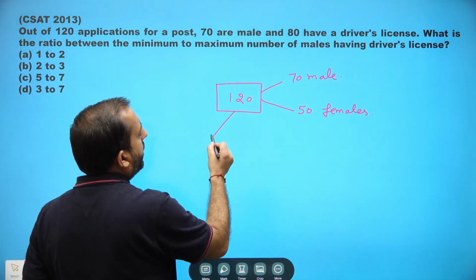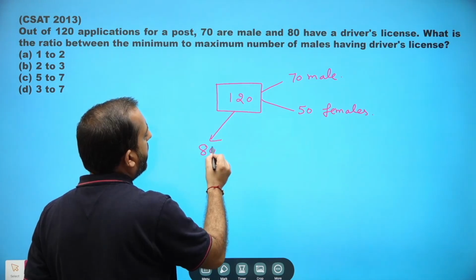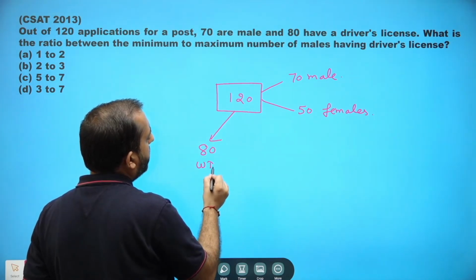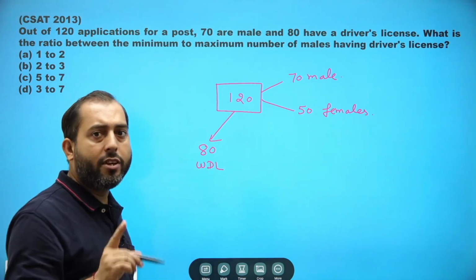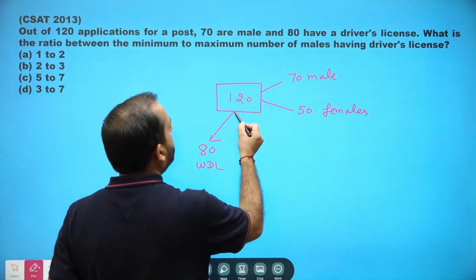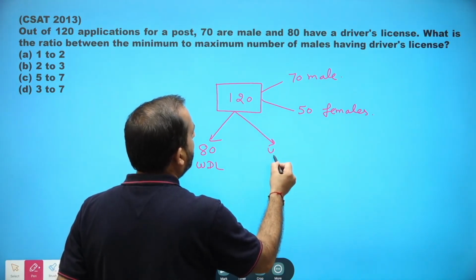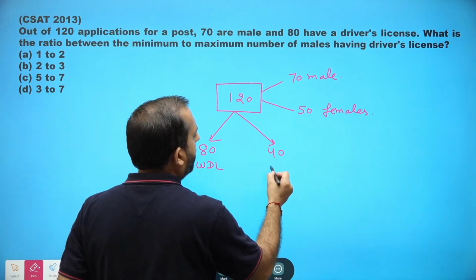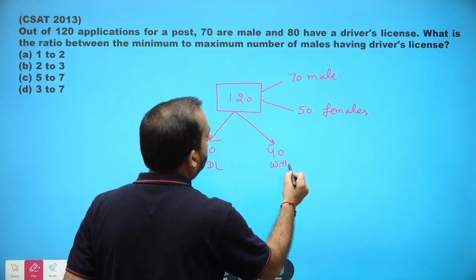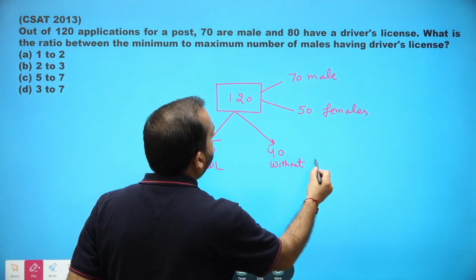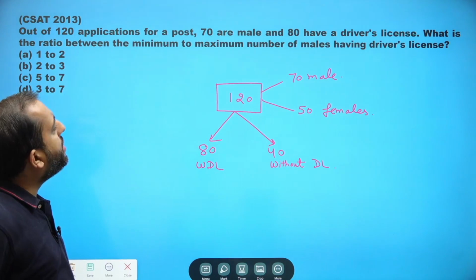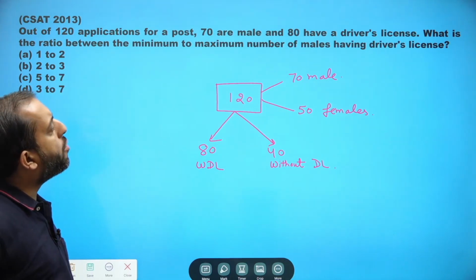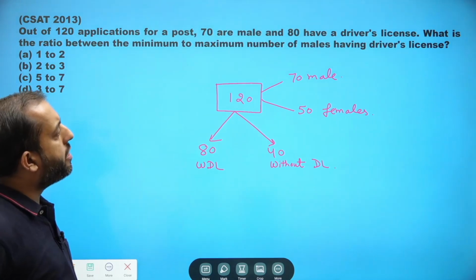Out of 120, 80 are with driving license, WDL, meaning with driving license. So the remaining 40 should be without driving license.